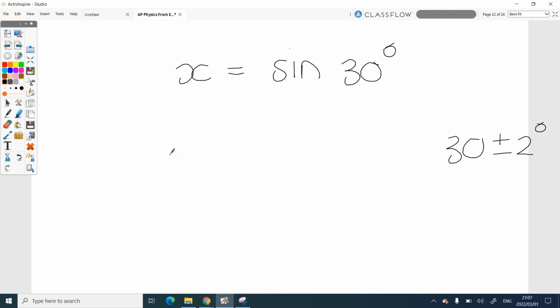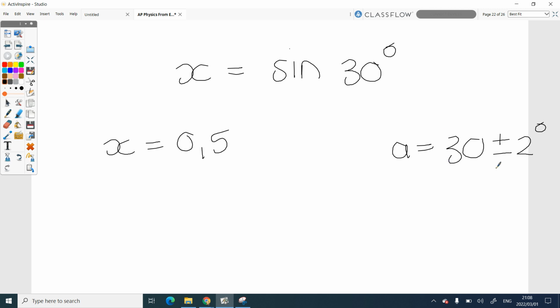So we know that our answer for x is equal to 0.5. But now I need to have a plus or minus here. So now the 30 is my a, and this is going to be sine a.